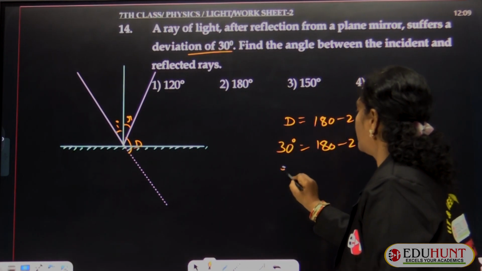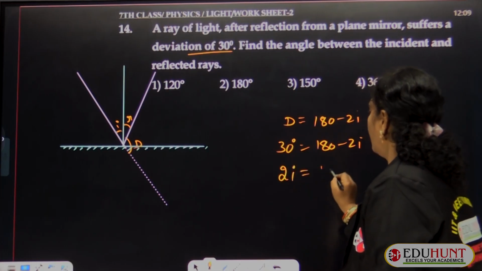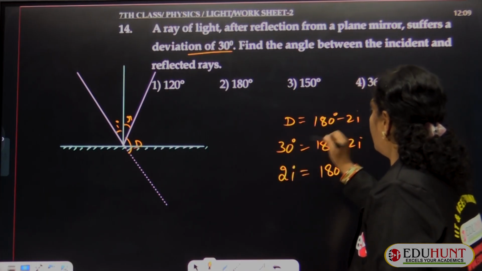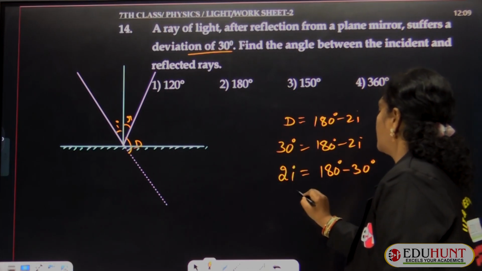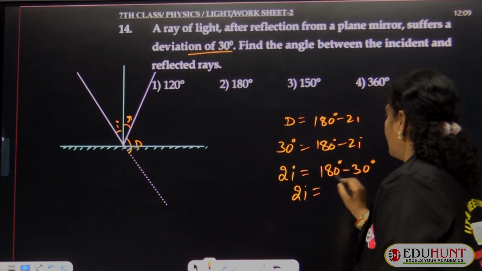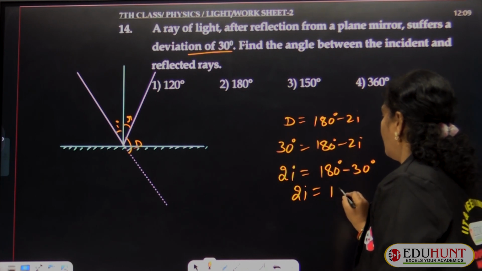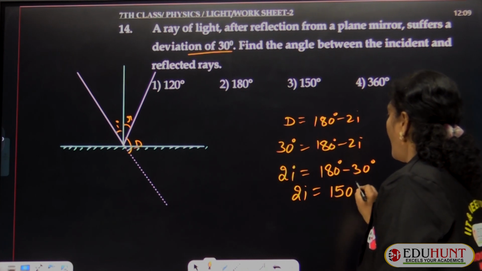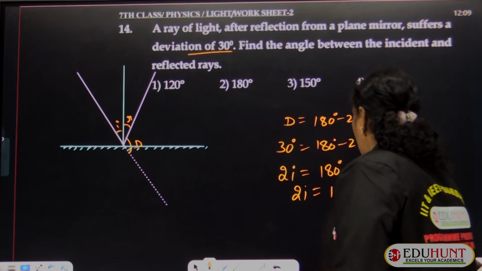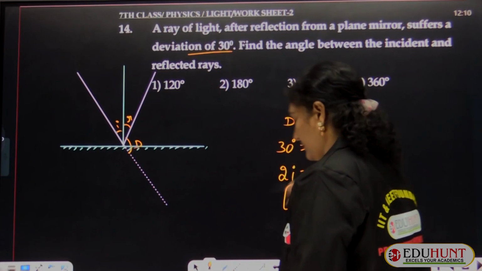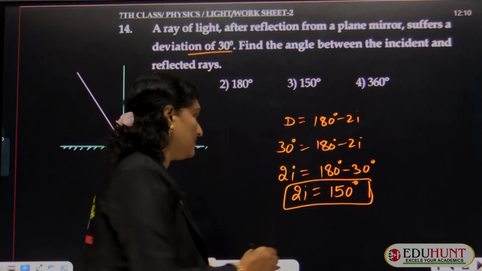Bringing minus 2i to the left side, it becomes 2i, and moving 30 degrees to the right side, 2i must be equal to 180 minus 30, which is how much, children? It is 150 degrees. The value of 2i is equal to 150 degrees, or i is equal to 75 degrees.